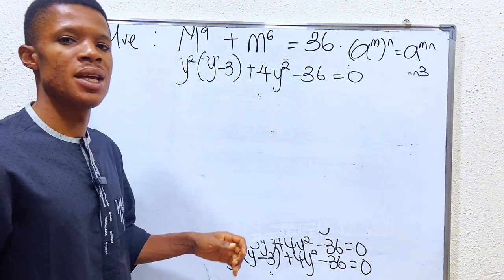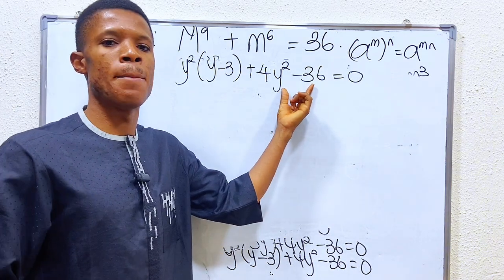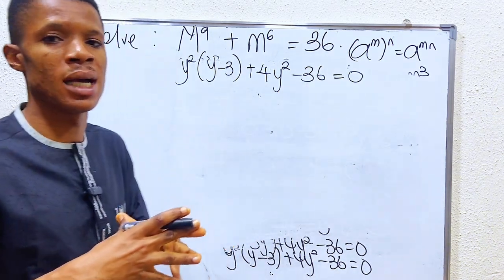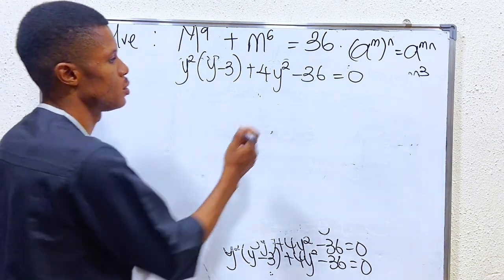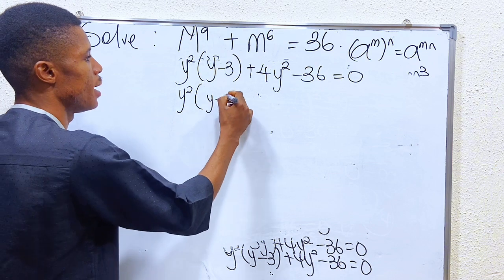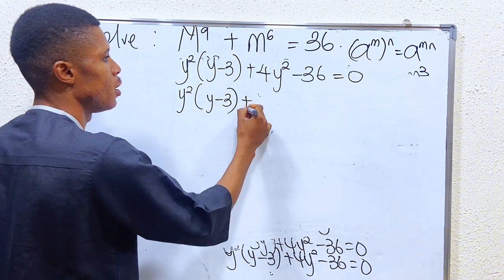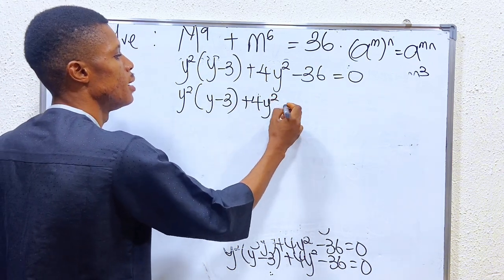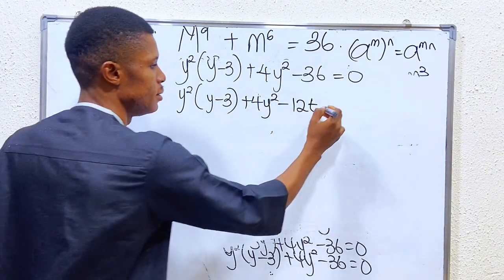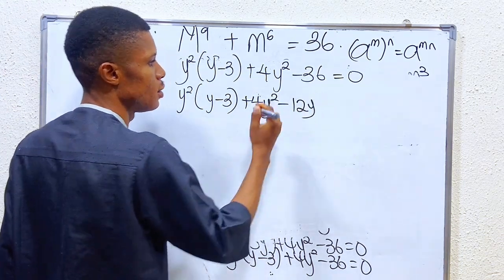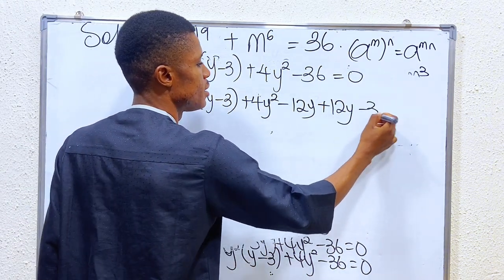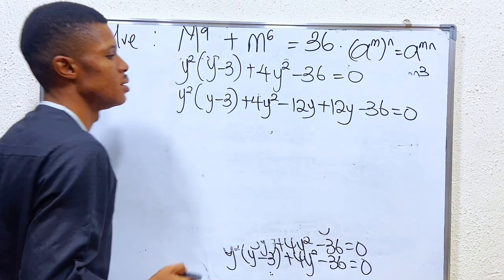So at this stage, let's just add minus 12y and plus 12y. When we add them together, it's actually 0. So we have y squared into y minus 3, then plus 4y squared minus 12y, then plus 12y minus 36 equal to 0.